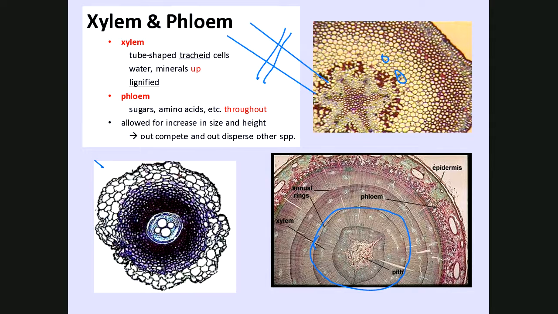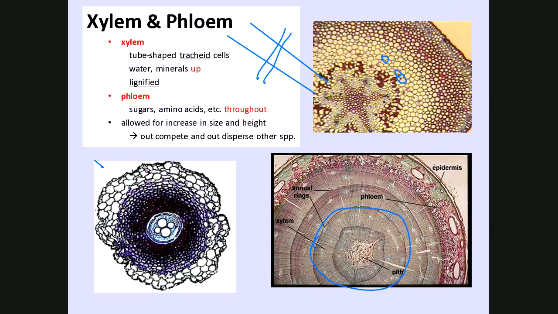But if you think about the xylem and the phloem in some of the most extreme examples, like those really tall trees that grow out in California, things are 300 feet tall. That's a really good way to disperse your reproductive cells, right? You've got a huge area they can expand out into, and because you're tall enough, you've got a better chance of dispersing them out in a wider range.